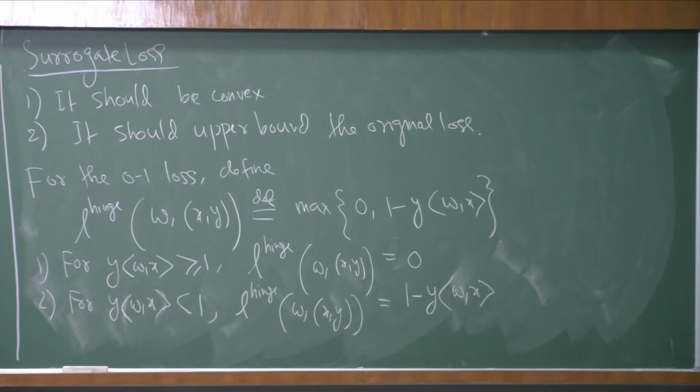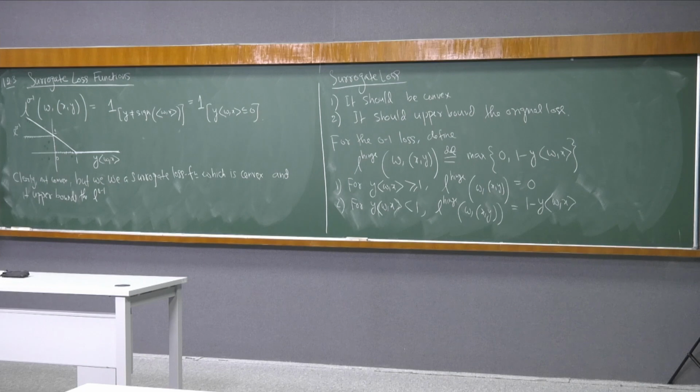So that's about the hinge loss, and this loss is convex. With this choice of loss for the 0-1 loss, even if I am doing a classification problem where I am supposed to use 0-1 loss, I can make it convex and bounded.